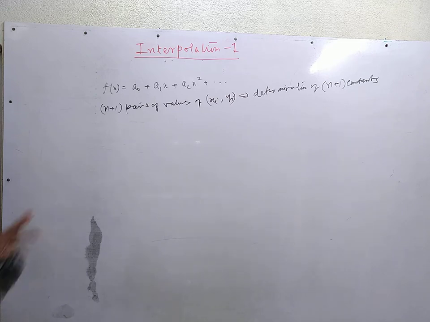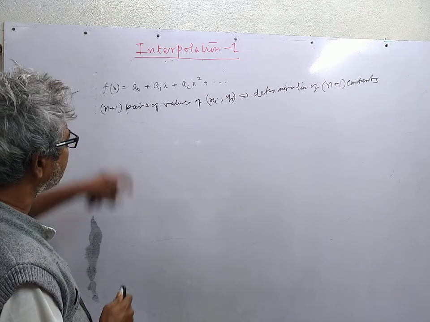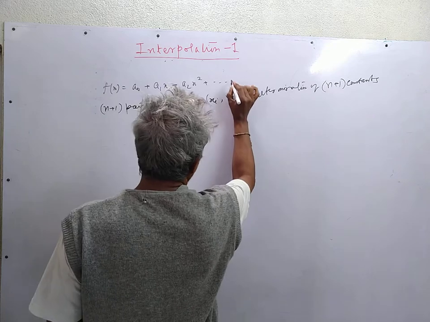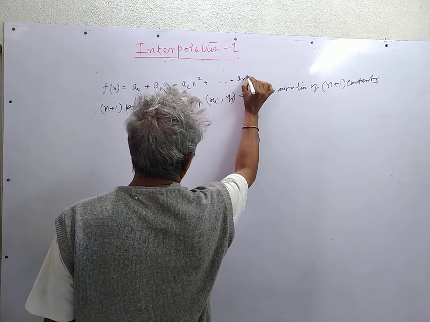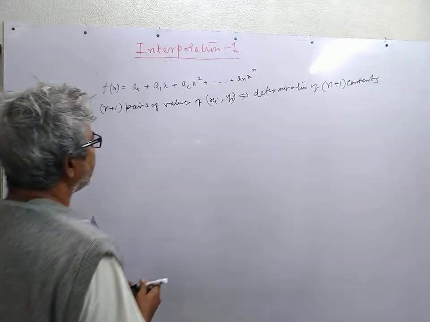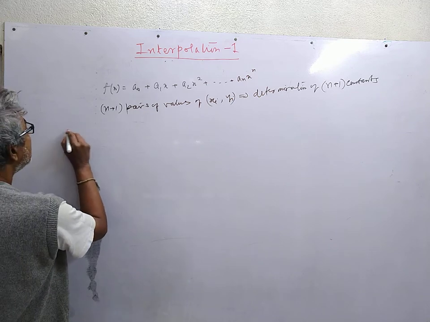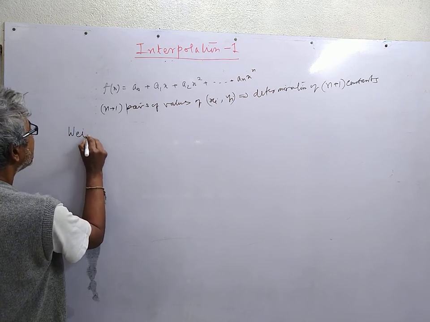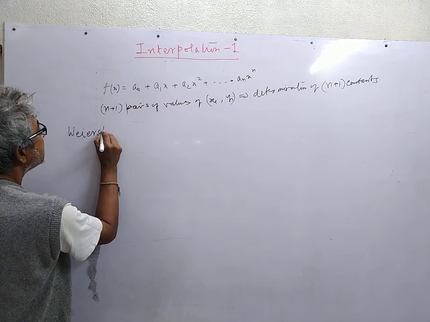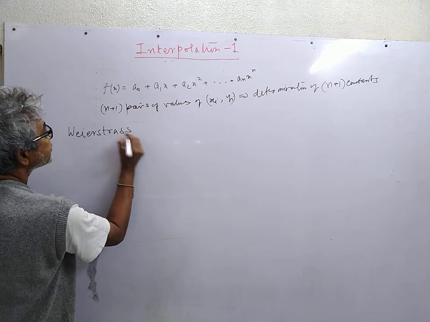So if we have n plus 1 pairs of data, we can at most calculate up to x to the power n. So we can approximate the interpolating polynomial by a polynomial of degree n. The corresponding principle is called the Weierstrass principle.